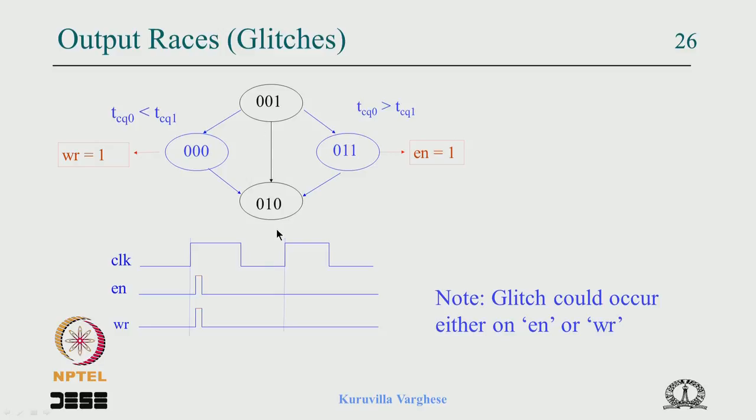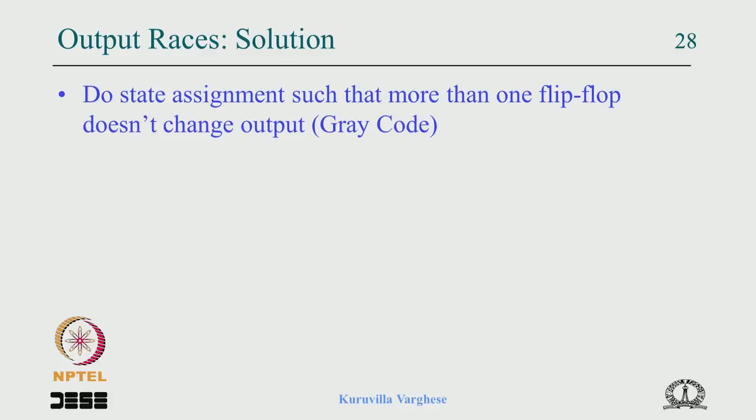So working out from the fundamental cause, we can say the solution is to do state assignment such that more than one flip-flop doesn't change at a time. Okay. It is good, it works at least in simple cases.